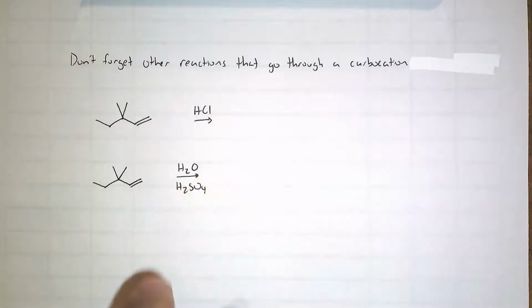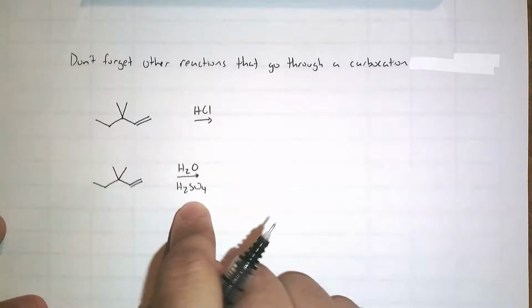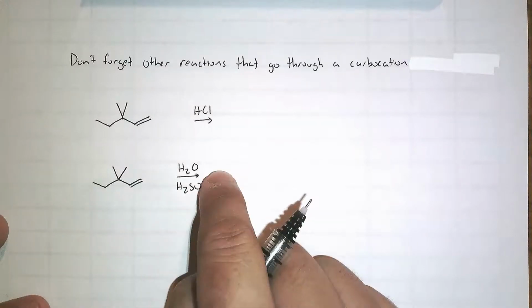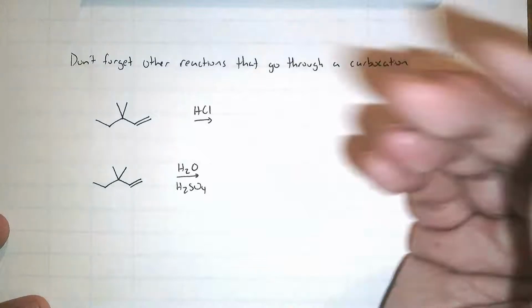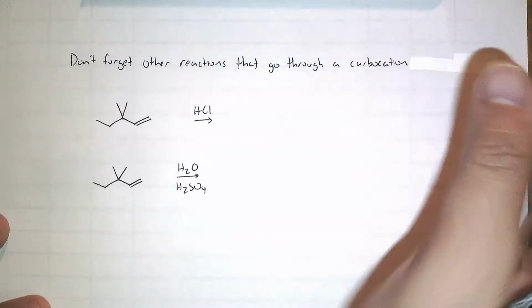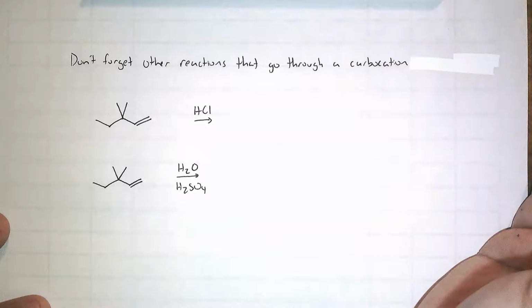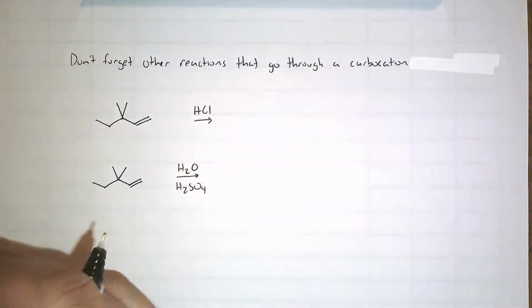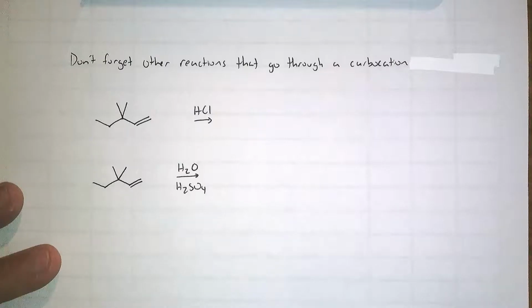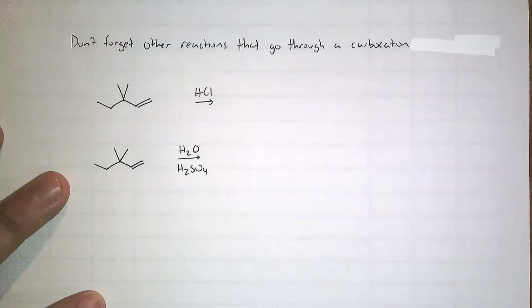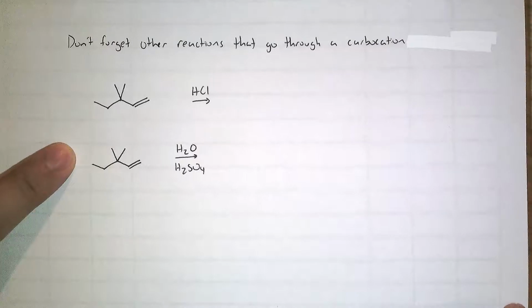Sometimes they add heat, but normally they don't add heat for acid catalyzed hydration. Why hydration? You're adding an H and an OH. So you're adding water, but in the form of a hydrogen and an OH, a hydroxyl group. Not a big deal. The big deal is will this go through a carbocation rearrangement?